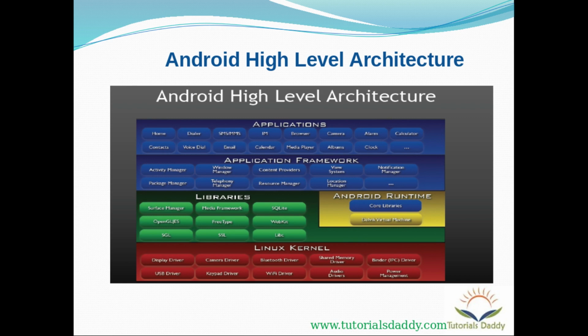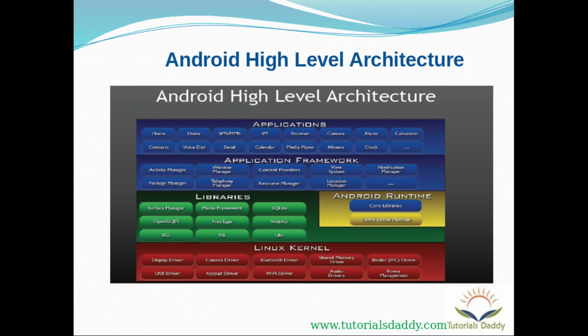To have an interaction of all these user space applications and other stuff with the hardware, we need some interface, and to manage all these things, we need some resources. So the Linux kernel plays that important role.